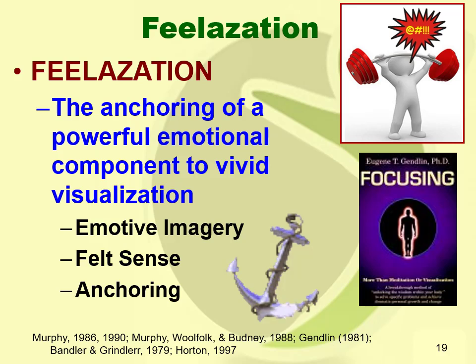You anchor it maybe with a closed fist, squeezing your fist, or rubbing your forefinger and thumb together. You add a name to it, so that once you've learned the positive imagery with the felt sense, you can recall it by firing your anchor. Now, as you go through the visualizations, this will make more sense of how it works.